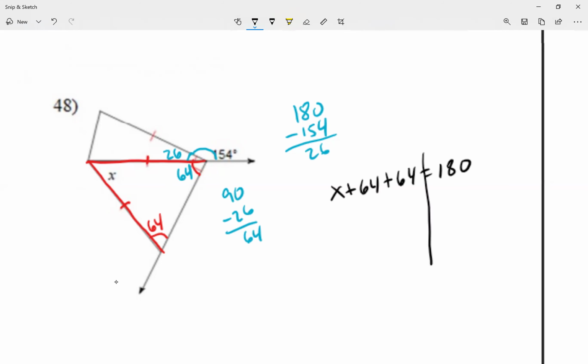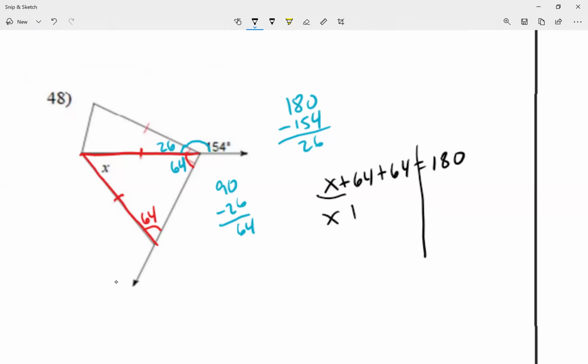Let me separate to the equal sign. Letter-wise, I only have one x. Number-wise, 64 plus 64, that's 128. And all of this is equal to 180. I want to get rid of the plus 128, so let me move it over as a minus 128. 180 minus 128 is 52. So x equals 52. That's pretty cool.